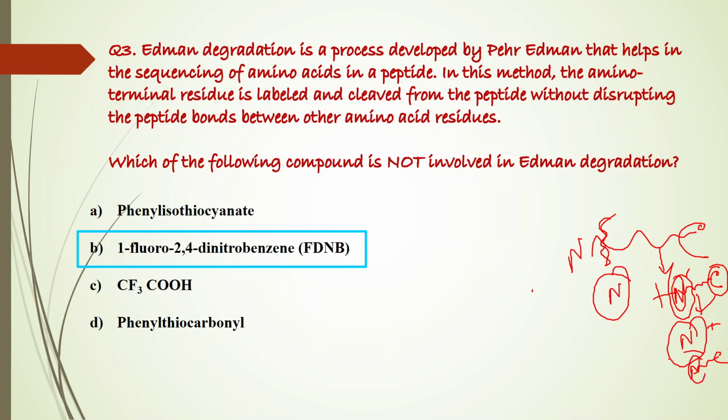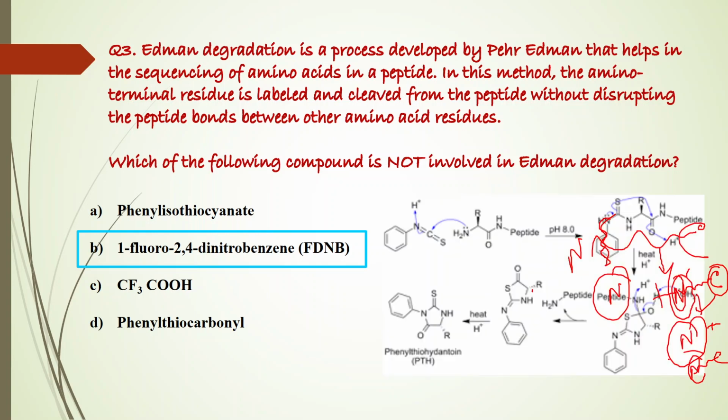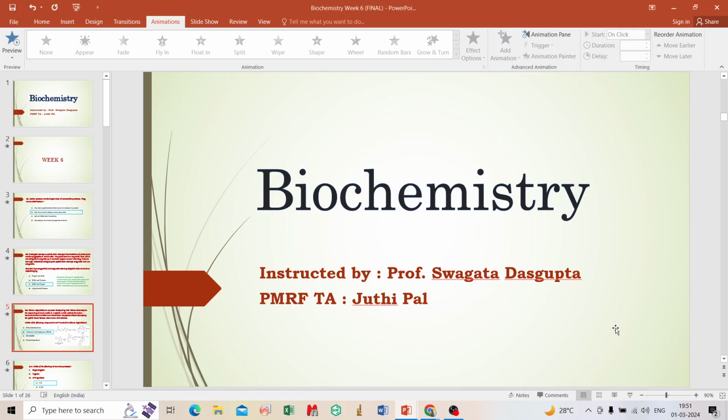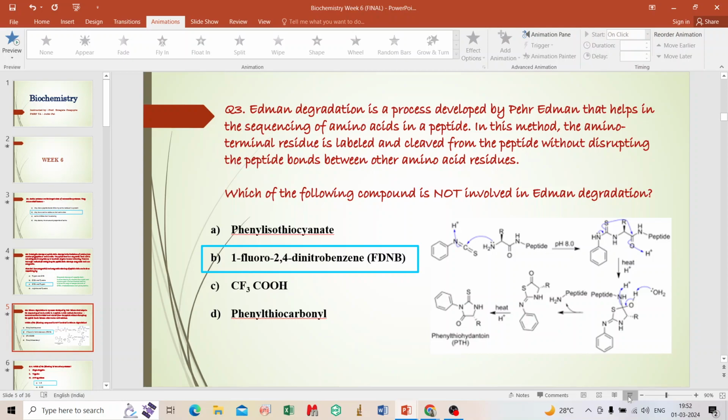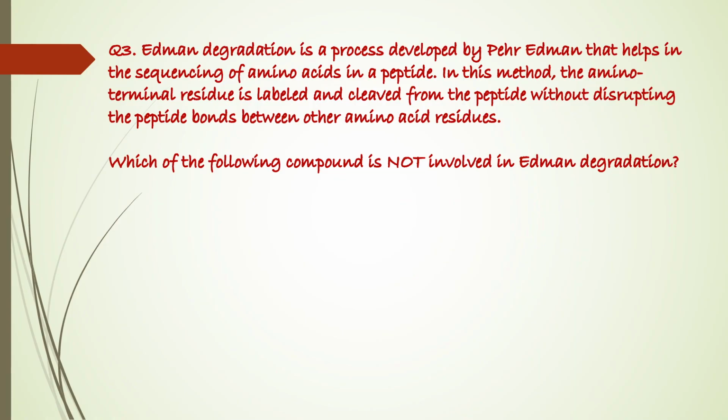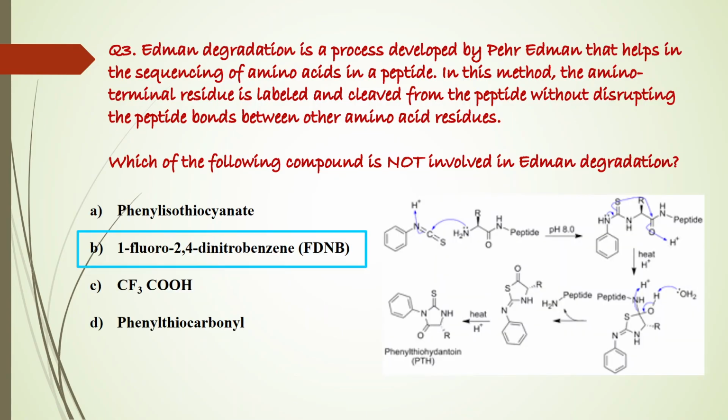For answering this question, excuse me, let me just remove this. If I discard it, then it will be easier for all of you to see. So this is the basic mechanism for Edman degradation.